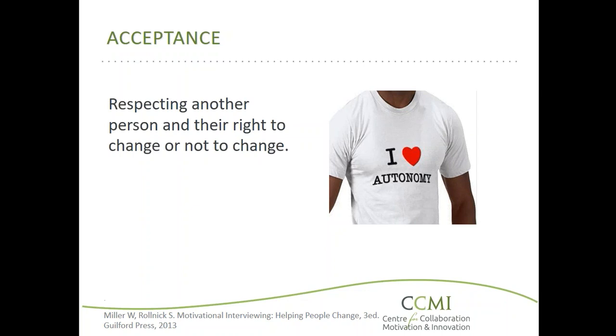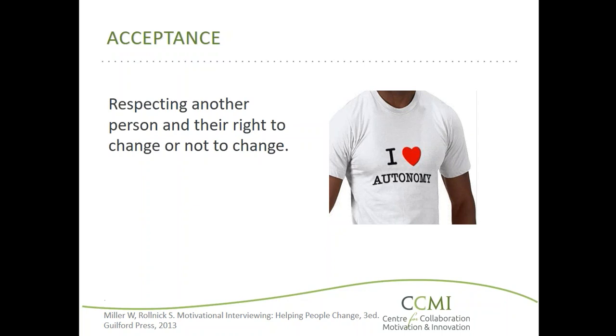Miller and Rollnick defined acceptance in this way: to honor each person's absolute worth is the first part of it, which is prizing the inherent worth and potential of every human being. Secondly, to recognize and support the person's irrevocable autonomy, honoring and respecting each person's right and capacity for self-direction to choose his or her own way.